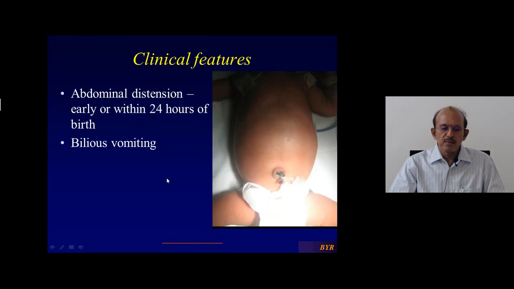Yesterday we have seen the abdominal distension is directly proportional to the distal extremity of the obstruction. That means the more distal the obstruction, the greater the abdominal distension. In jejunal atresia, there will be gross abdominal distension. In duodenal atresia, there is minimal or no abdominal distension. Usually, the patients will be getting bilious vomitings without much abdominal distension.